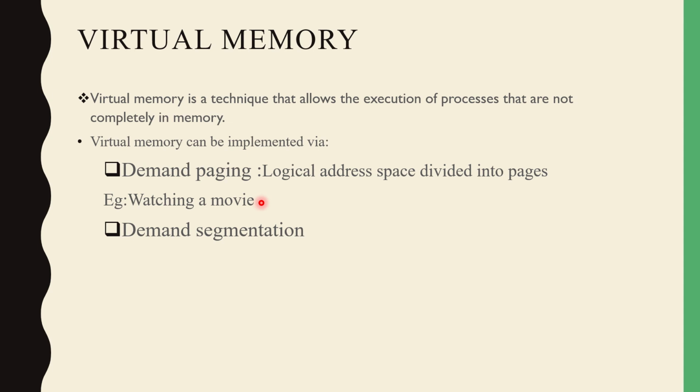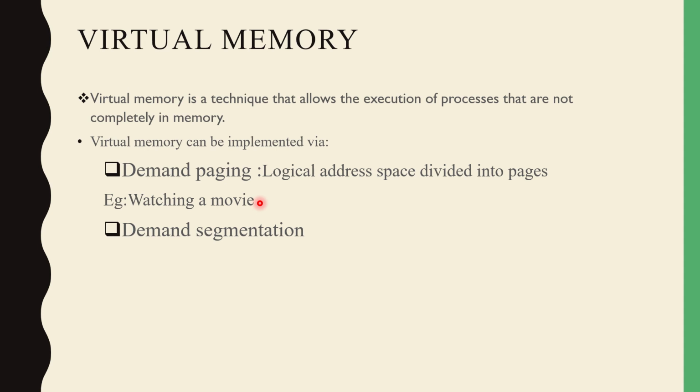You can take a real-time example of watching a movie. Suppose you are watching a movie on your system. The movie has an overall size of some 2 GB. When you start watching, the whole 2 GB won't be loaded into your memory.